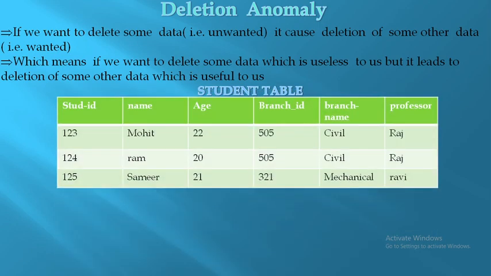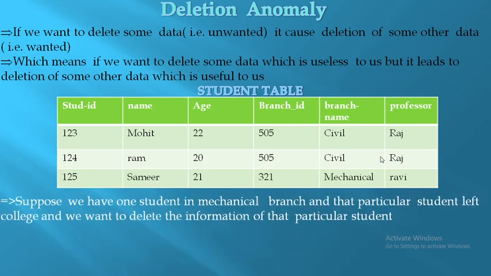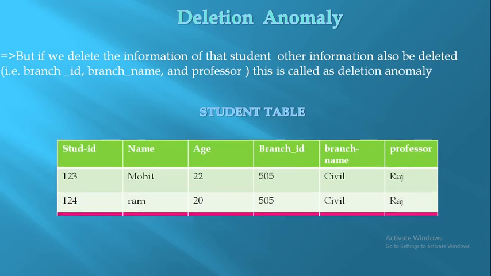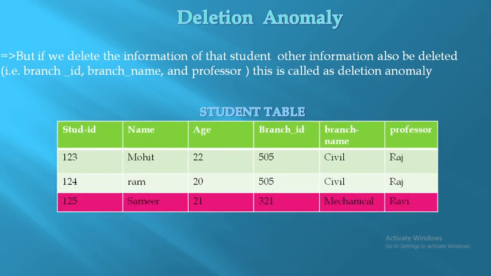In this student table, we have student ID, student name, age, branch ID, branch name, and professor. Suppose we have one student in mechanical branch, and that particular student has left the college, and we want to delete the information of that particular student. But if we delete the information of that particular student, other information also gets deleted, that is branch ID, branch name, and professor. This is called deletion anomaly.